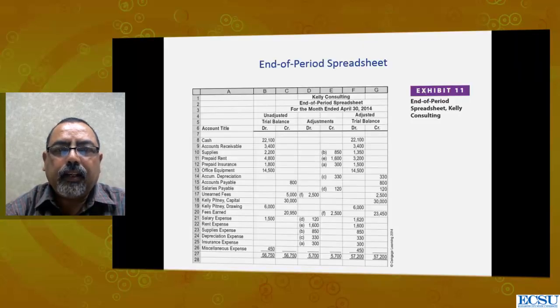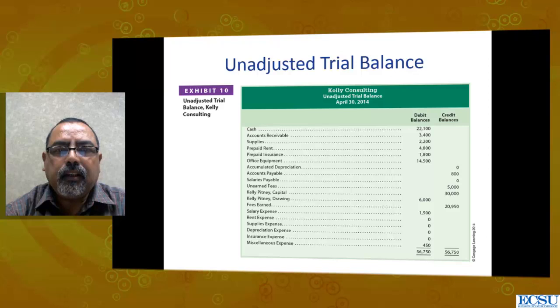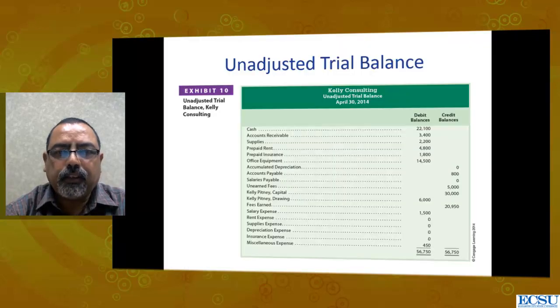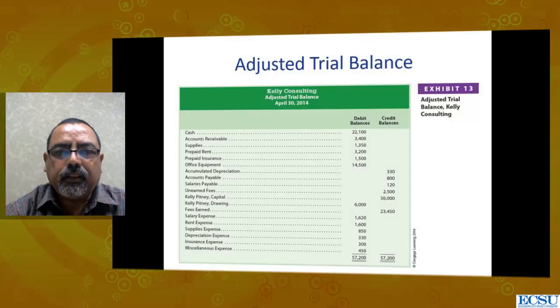So as you must have noticed in the ledger accounts, there are entries here like adjusting and adjusting. All these have come up from the adjusting entries. So that is how we do the adjusting entries. Then after the adjusting entries are done, we'll be preparing the adjusted trial balance.